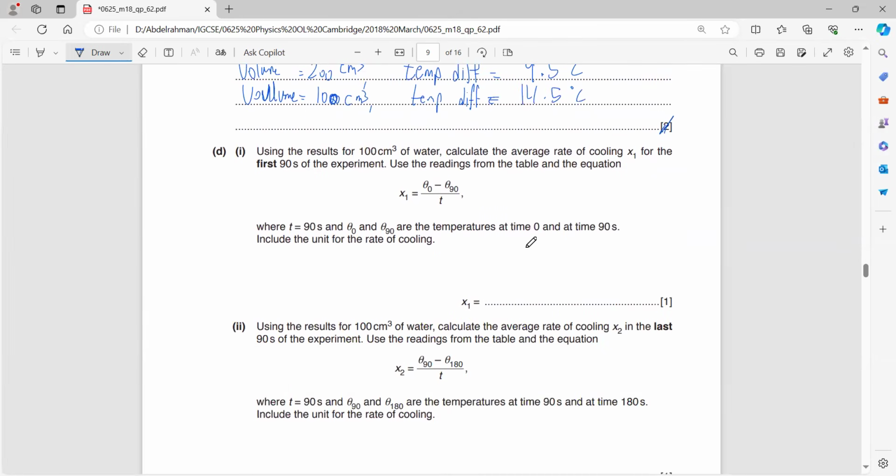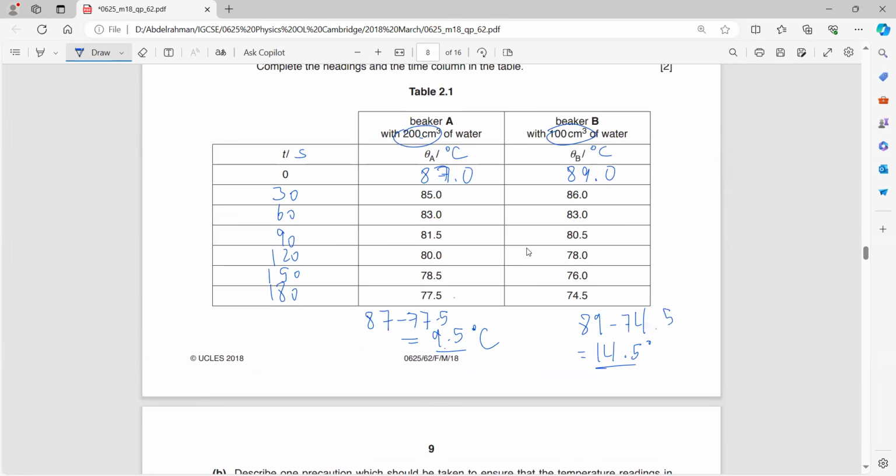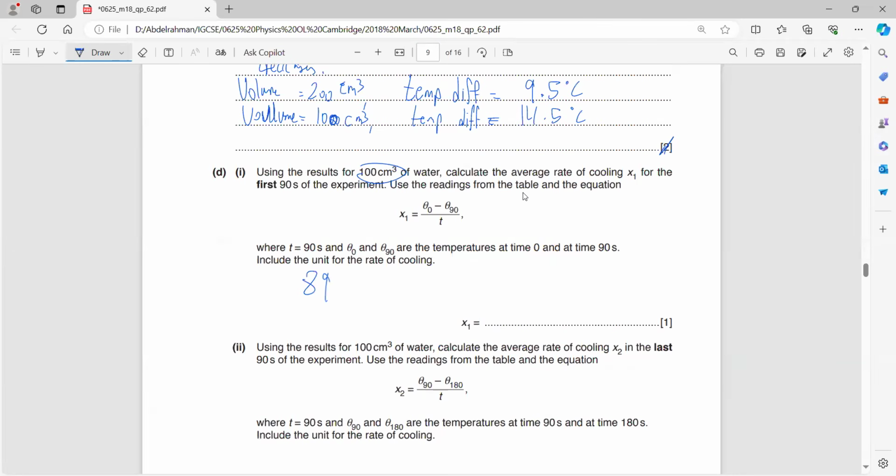Now I need to calculate the rate of cooling, theta 0 minus theta 90 over T, for which beaker? For the 100 centimeter cubed beaker. We will not take the whole range, only from theta 0 all the way to theta 90. 89 minus 80.5 over T, which is 90 seconds.